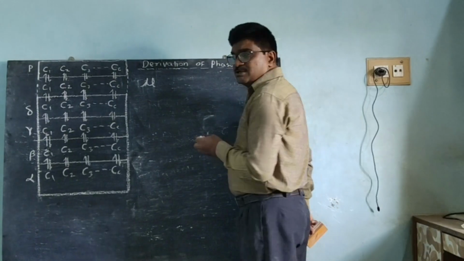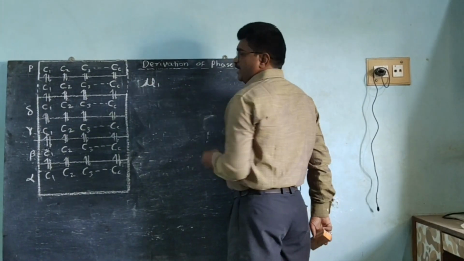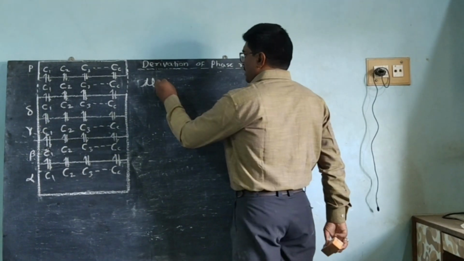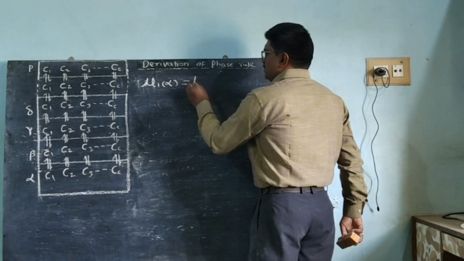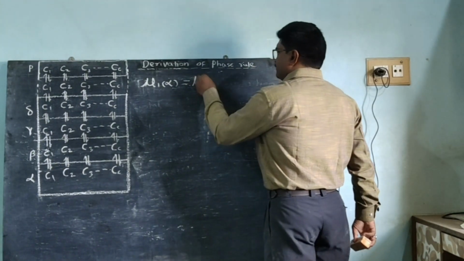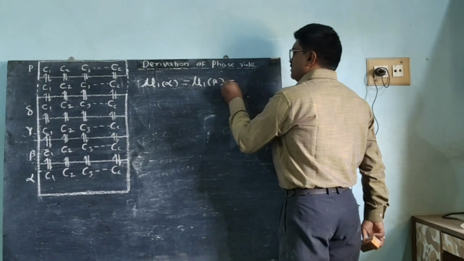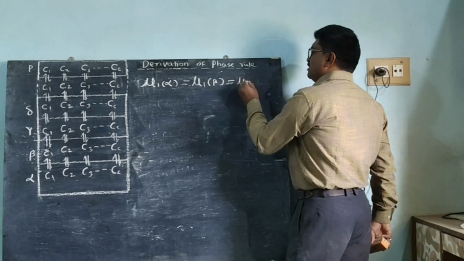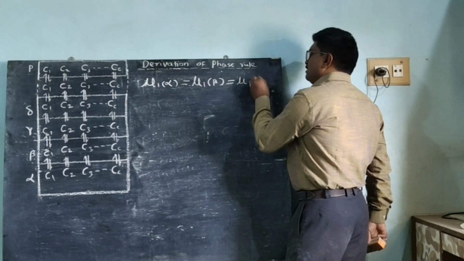So we can write the chemical potential of the first component, C1, in alpha phase is equal to the chemical potential of the same component in beta phase, which is equal to the chemical potential of the first component in gamma phase.